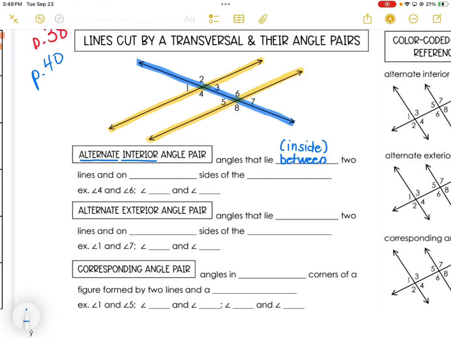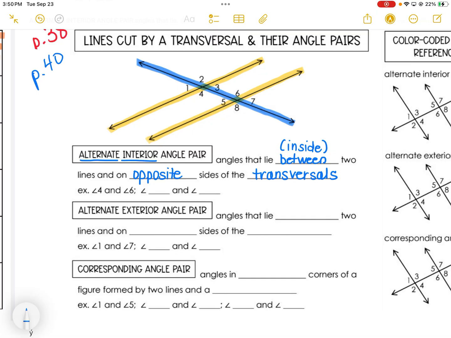In this picture, we're talking about angles 3, 4, 5, and 6, between the two parallel lines. That's the interior part. And they are on opposite sides of the transversal, the blue line I've highlighted. So alternate interior means opposite sides and between the two yellow lines.